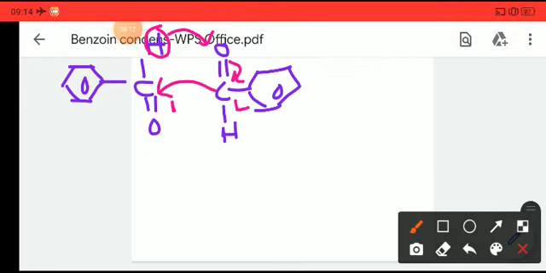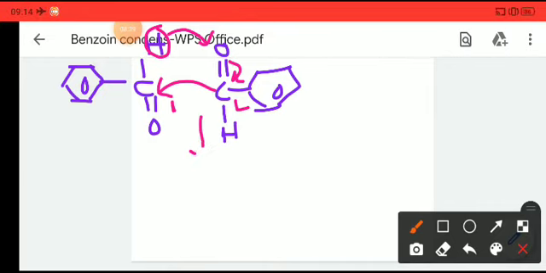What happens? This hydrogen gets bonded with the oxygen from the other benzaldehyde, and the double bond will break and move to the carbon as a negative charge. And this carbon 2, by donating this negative charge to carbon 1, will make a bond between C1 and C2.